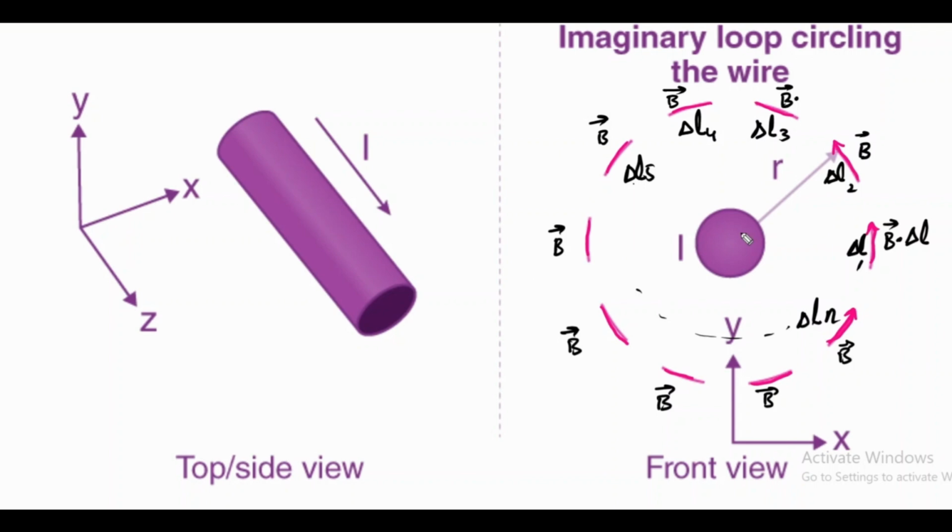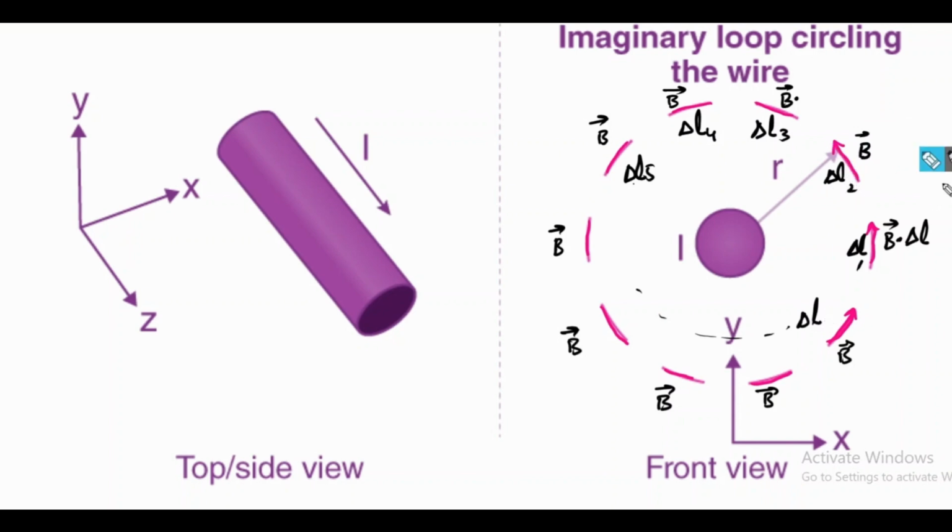So why do we divide the whole Amperian loop into small parts? Because we are interested in the fact that the direction of the magnetic induction and the direction of the length are the same. So here the direction of this magnetic induction and this del L is the same.